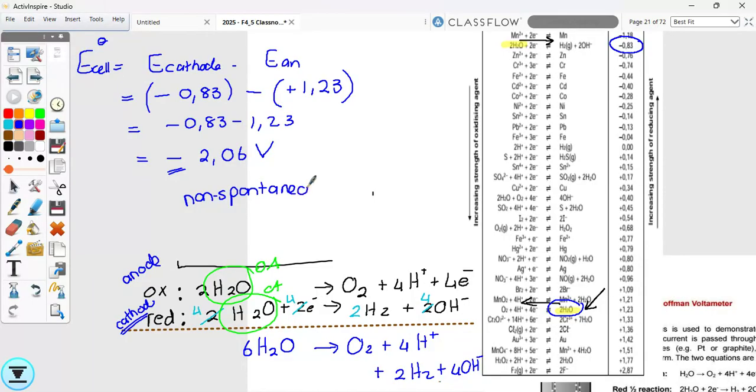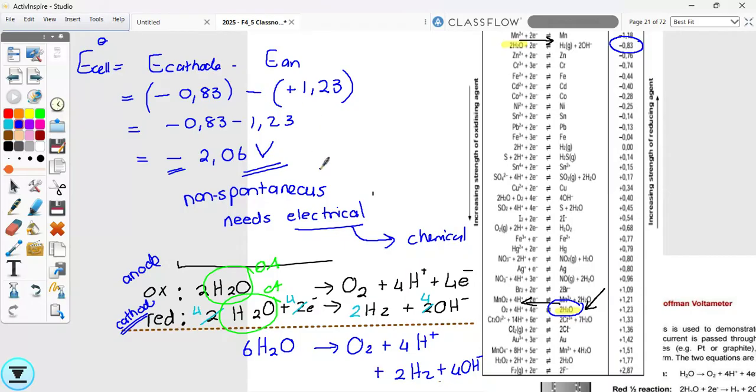But it is a non-spontaneous reaction, and it means that it needs energy. So it needs electrical energy. And that points to the fact that it is a non-spontaneous reaction. So electrical energy is going to be converted into chemical energy. And the minimum voltage that you must supply to get this to happen: your battery must have a voltage of 2.06 volts to get this reaction to happen.